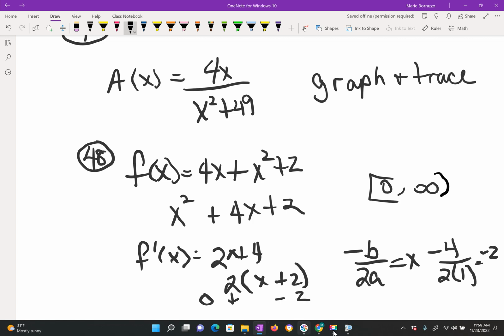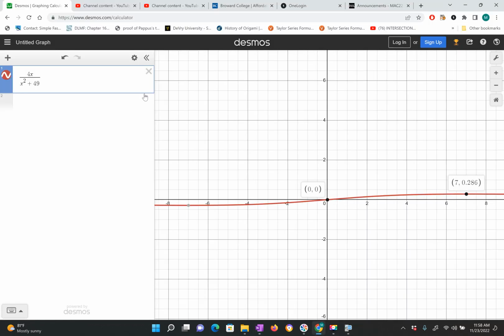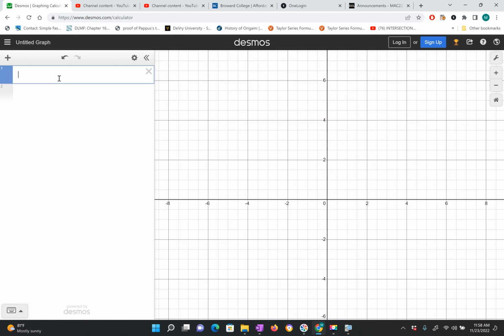Let's play devil's advocate once again. Let's go to a graph and we'll just look at the max and min of the function. So according to this, x squared plus 4x plus 2. And we're looking at this from 0, so it has to start at 0 then.